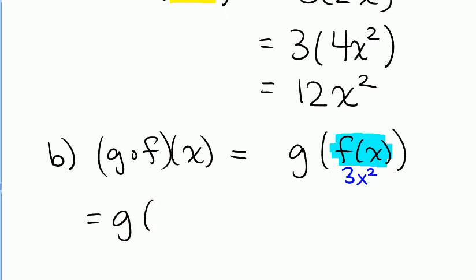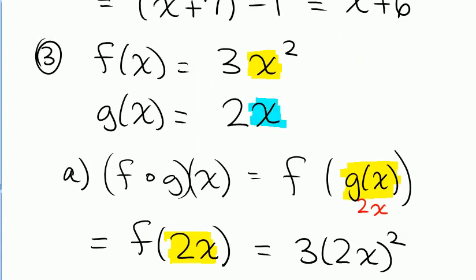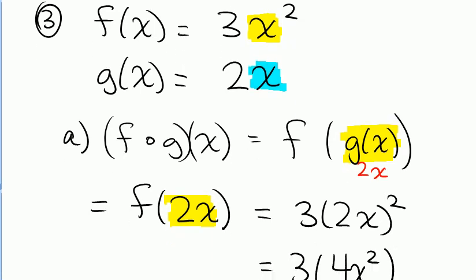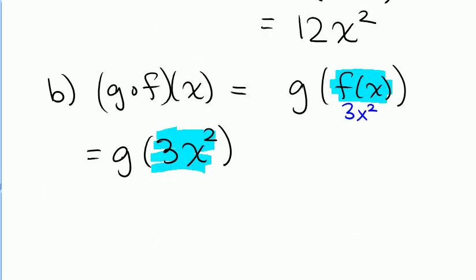So we're going to take our 3x squared and substitute it into the g equation. So that gives us 2 times 3x squared, which is just 6x squared.